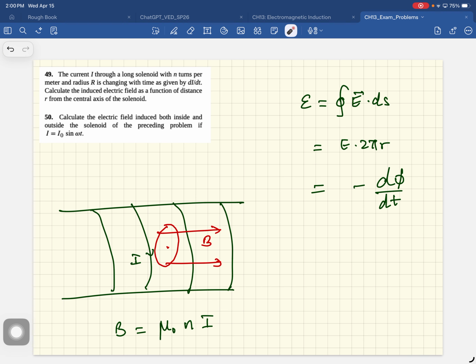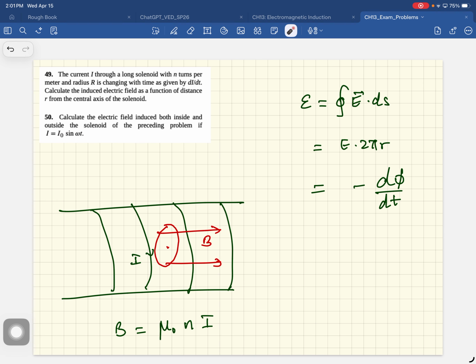Pi will cancel, and you get r in the denominator. So for r greater than R, the electric field is mu naught n R squared by 2r, dI by dt.